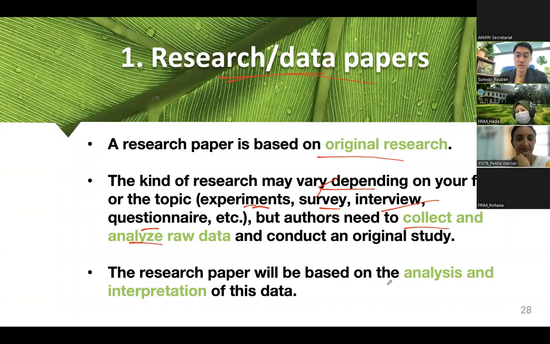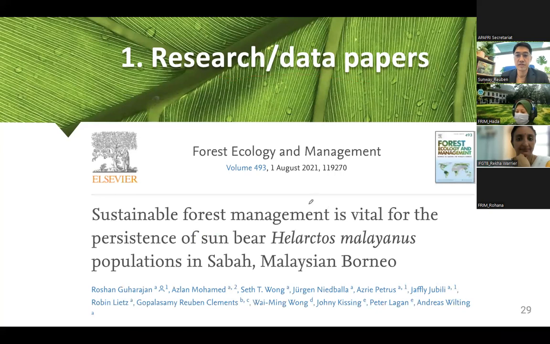So the research paper will be based on the analysis and interpretation of this data, and that's what a data paper will consist of. You need to analyze and synthesize the information, interpret it, and let people know. This is what all of us are more familiar with over the course of your career in forestry.